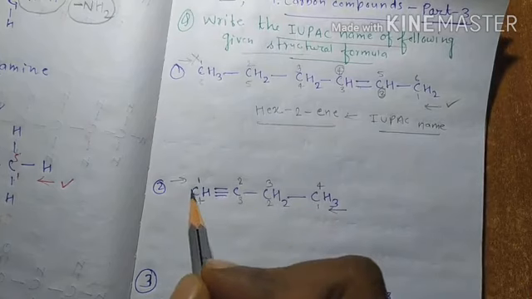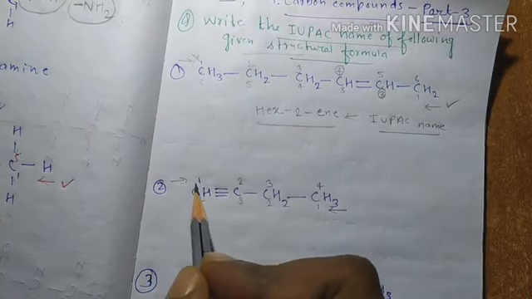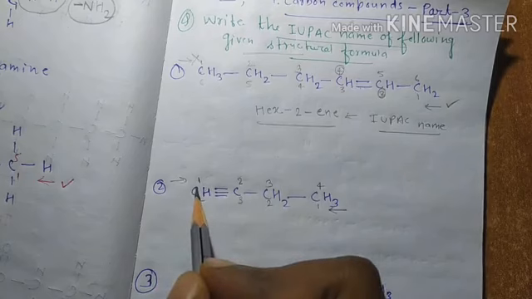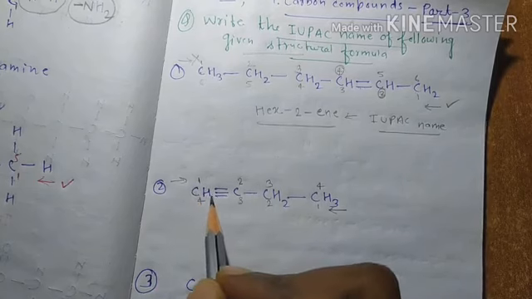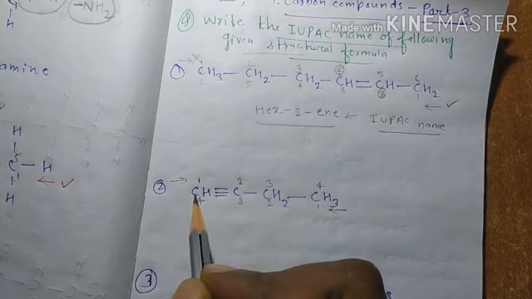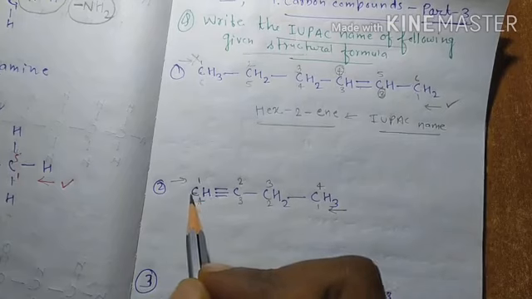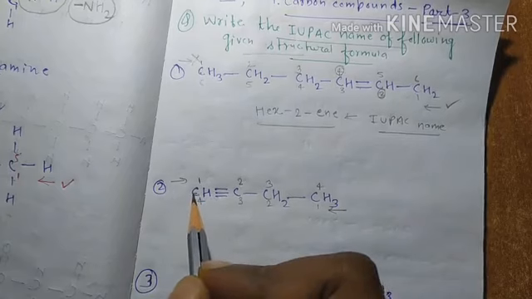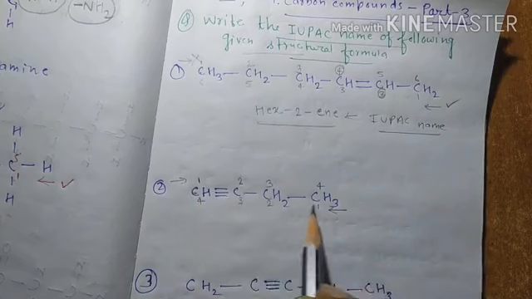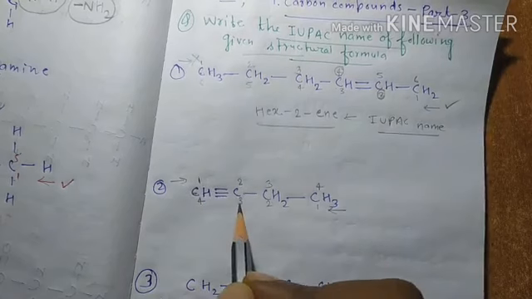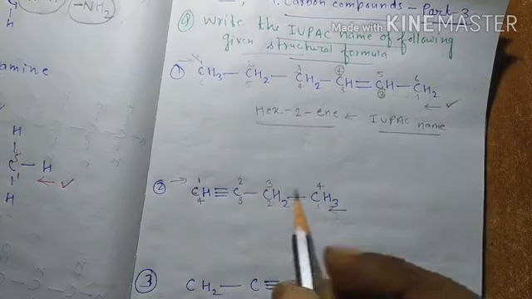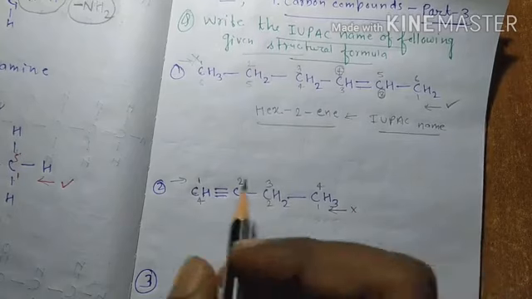And if we give numbers from left hand side to right hand side, then after the first carbon atom there is the triple bond. So which is nearest? From the left hand side this triple bond is nearest. So this is the wrong way, this is the correct way.